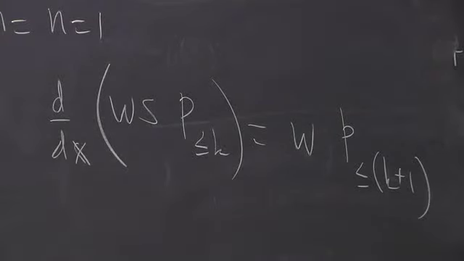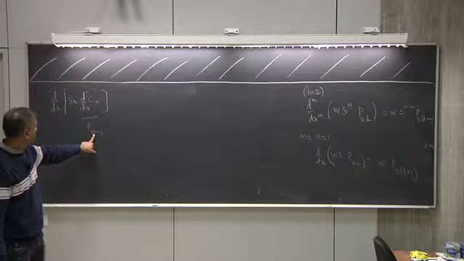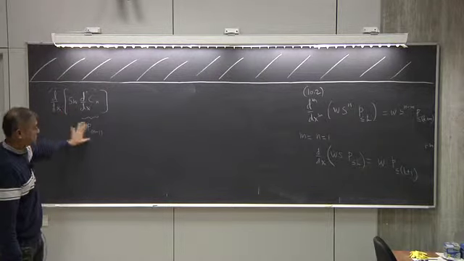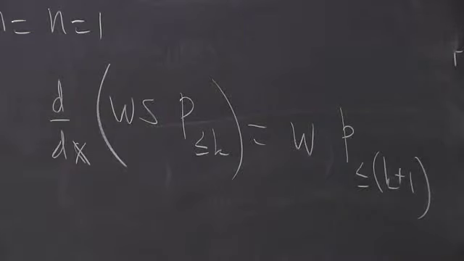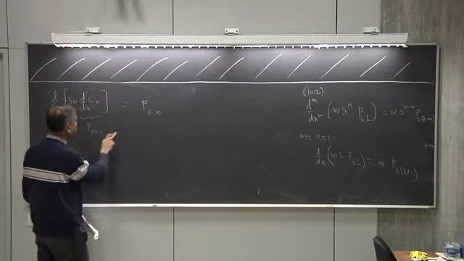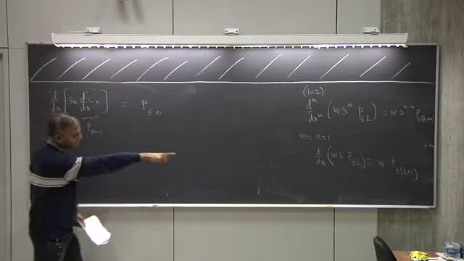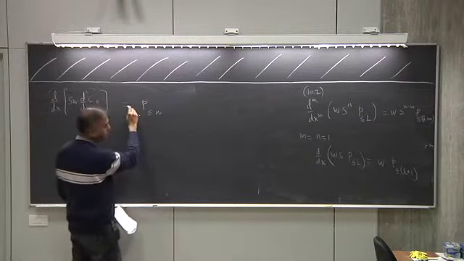And now just take k equal to n minus 1. If you take k equal to n minus 1, then the lemma says that this is a polynomial of degree less than or equal to n minus 1 plus 1, times w.